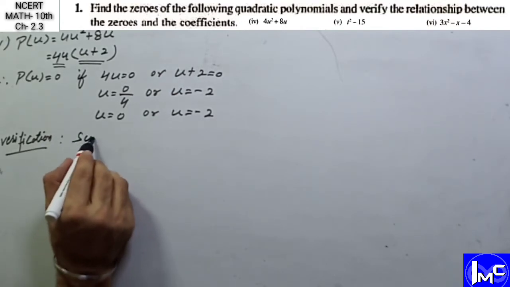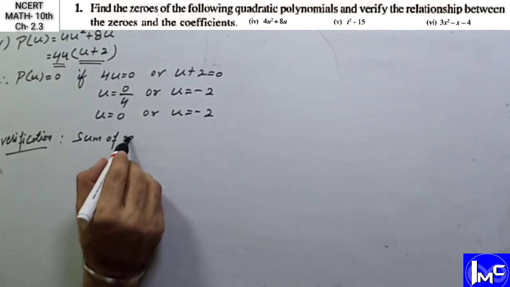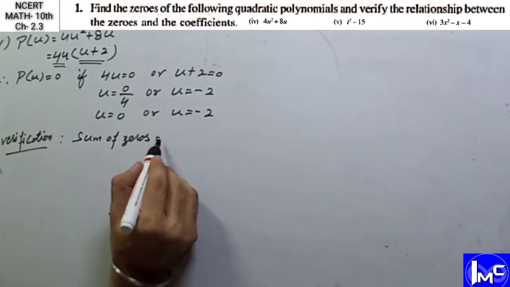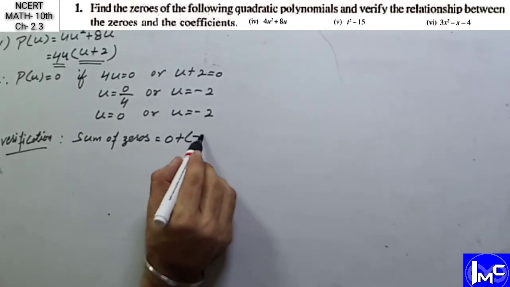Sum of zeros, that will be 0 plus minus 2.